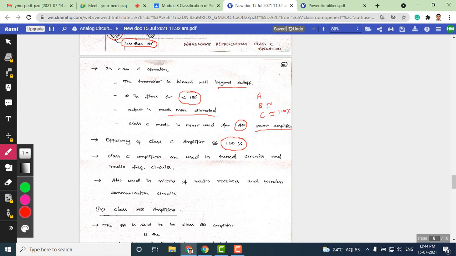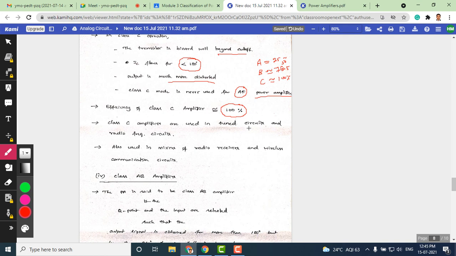What was the efficiency of class B? It is 78.5%. What was the efficiency of class A? It is 25 to 50%. Students should be familiar with these numbers, not only from an examination point of view, but competitive examinations also will ask you the efficiency of class A, class B, class C power amplifiers.